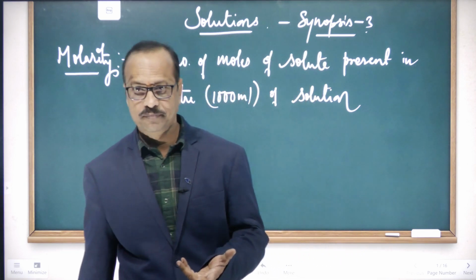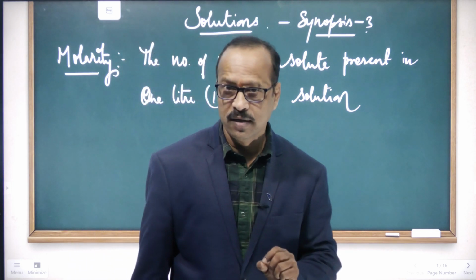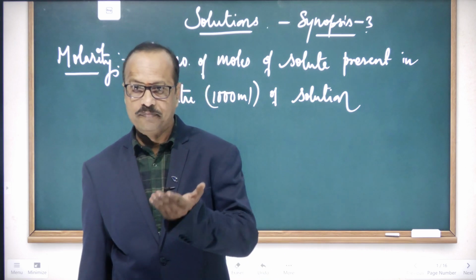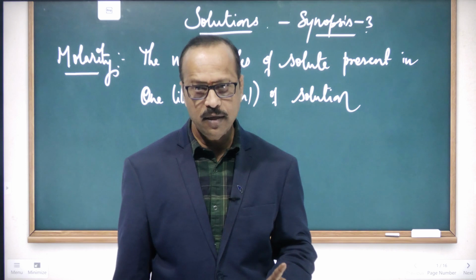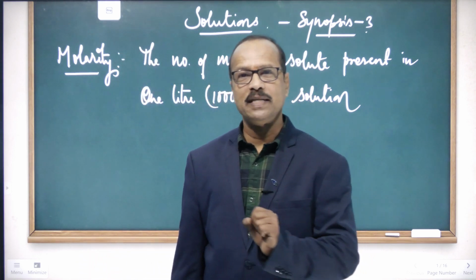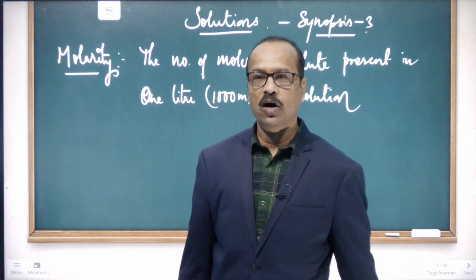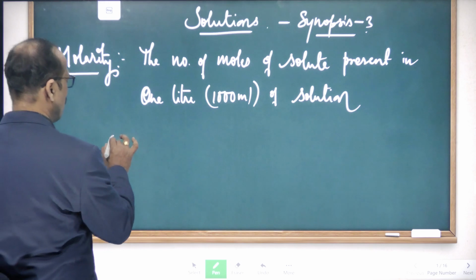What is a mole? Already we discussed in the previous classes, the SI unit to measure the amount of substance in chemistry is mole, right? So the number of moles of solute present in 1 liter of solution. How can we write molarity?